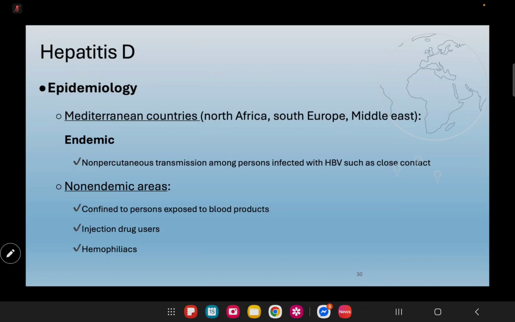But also in hepatitis D, there is non-percutaneous transmission. Okay? Non-percutaneous transmission may also occur through close contact among Hep B virus infected individuals, though this one is less common.